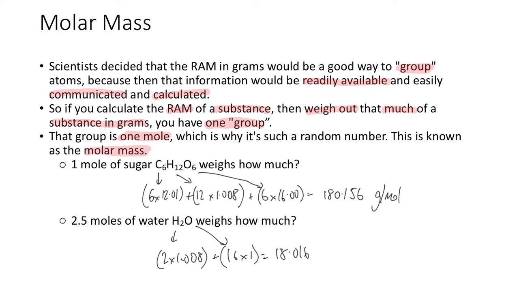So 18.016 times 2.5 would be equal to 45.05 grams. Because I took that 18.016 value and times it by 2.5 to get the mass of 2.5 moles of that substance, because the 18.016 is how much 1 mole weighs.